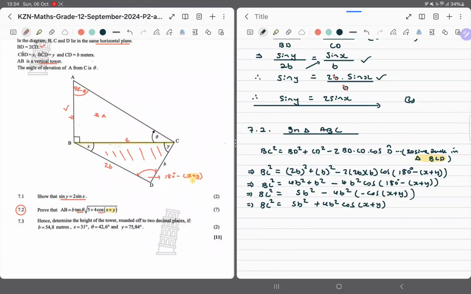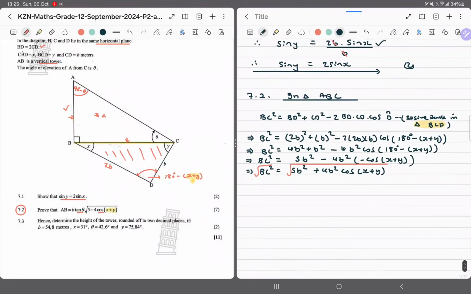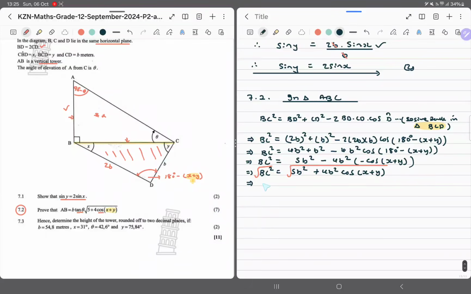Now we are good because now we do the gymnastic of choice, square root everything. So this is BC is equal to the square root of, now we can factorize here. B squared is common.